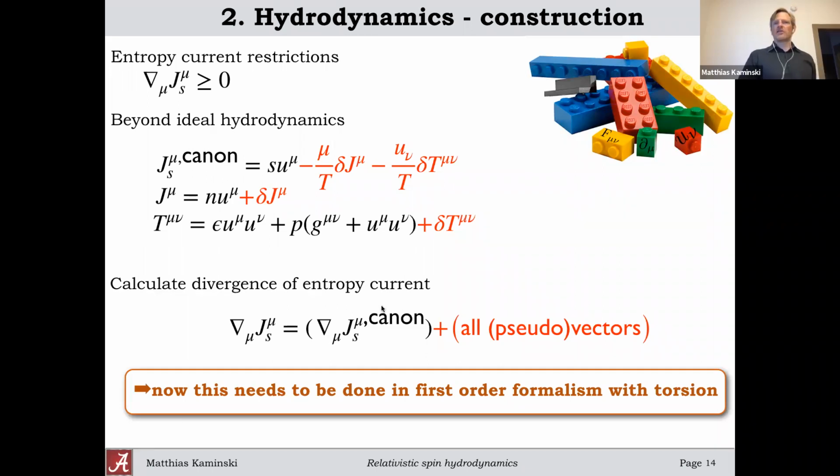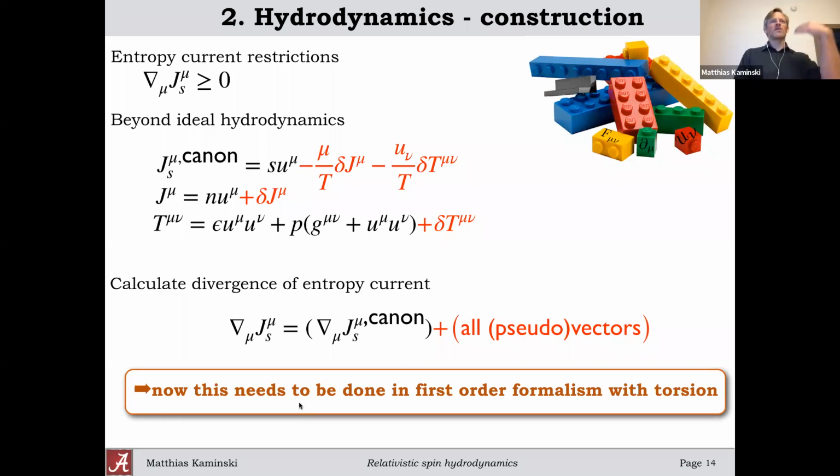Then you do the same thing: you calculate the divergence of the resulting entropy current, which is the divergence of the canonical current up here, plus all possible pseudo vectors and pseudo tensors. And here's a bit of the magic. This is where, for example, Son and Surowka found the extra terms that had to be added because of the chiral anomalies. So this is how the whole process goes.